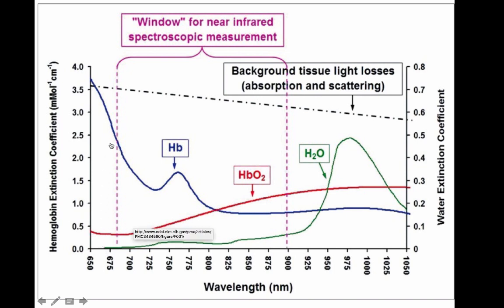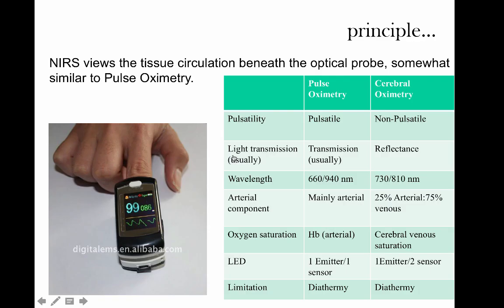The 660 to 940 range is sort of that window. And you can see the hemoglobin, oxyhemoglobin are present in this window. This is a nice slide, and we're going to get back to this when we talk about pulse oximetry.